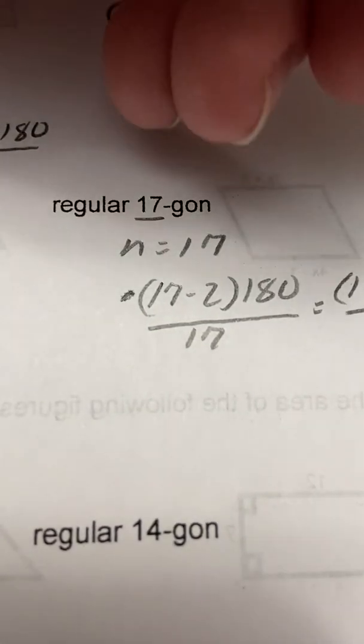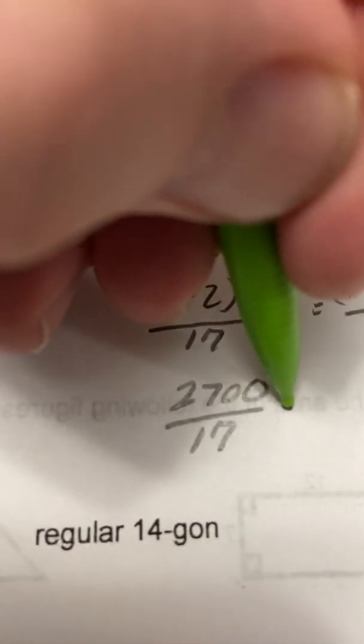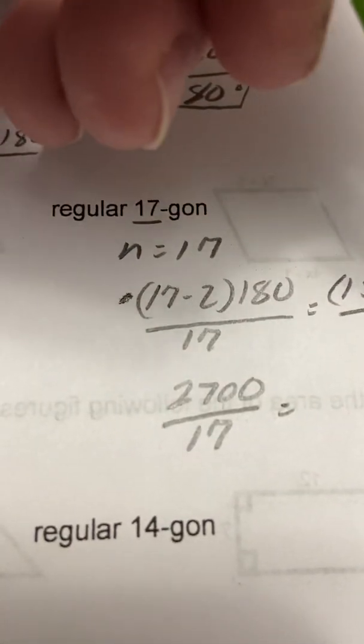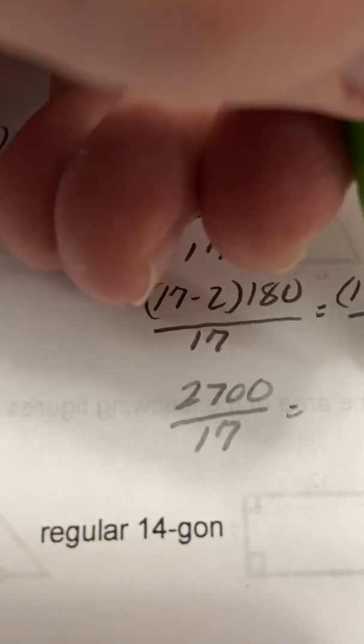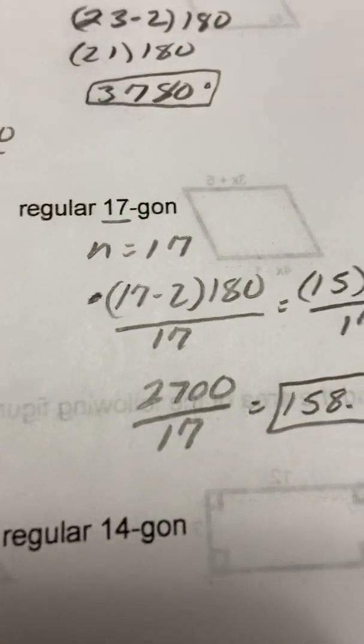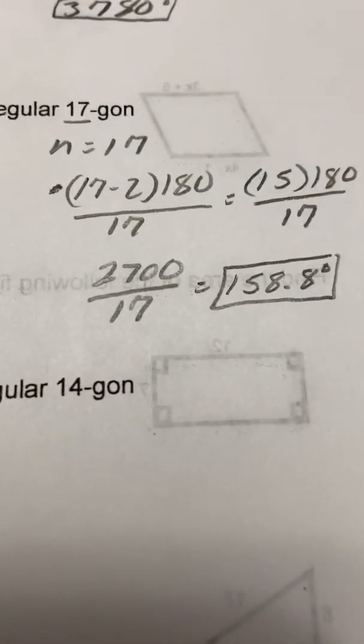And if I do 15 times 180, that's going to give us 2,700 over 17. And 2,700 divided by 17 is going to give us 158.8 degrees for each angle.